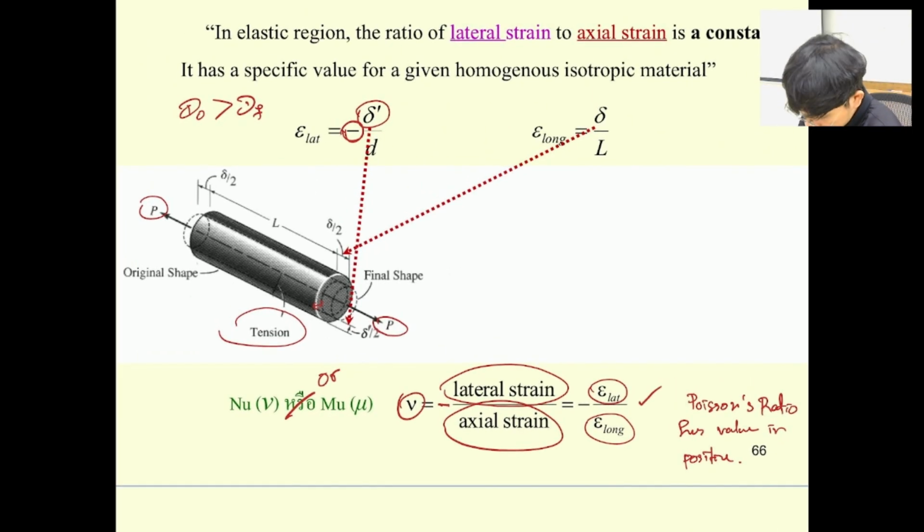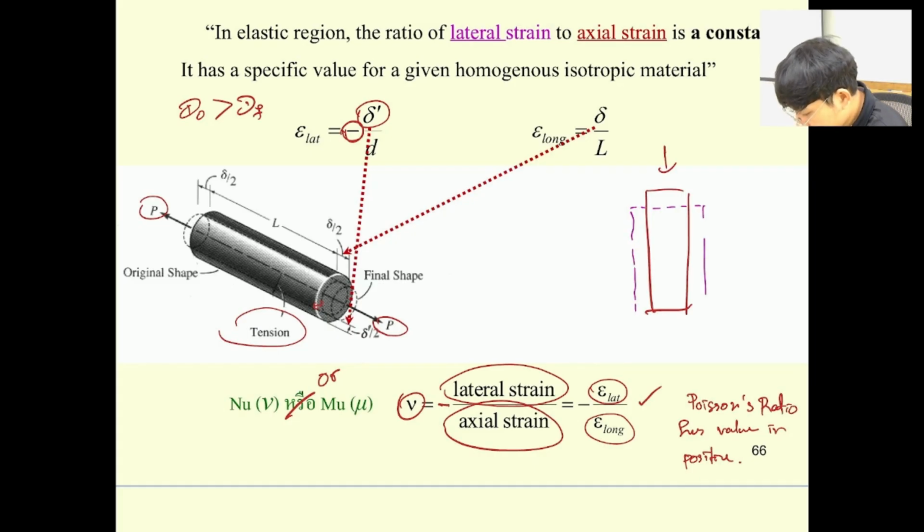For the compression member, it is a similar thing. When you compress it, the diameter of the member is going to increase. When it increases, Df is larger than D0, so the deformation over here is positive.